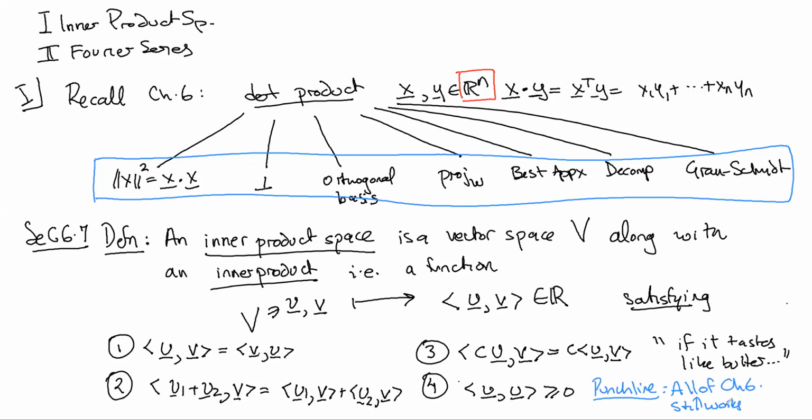And the reason it still works is, if you look in all the proofs, the only thing we used is the Pythagorean theorem. You can check that these four properties imply that the norm of u plus v squared is equal to the norm of u squared plus the norm of v squared when the inner product of u and v is equal to 0. That's an exercise you can do.